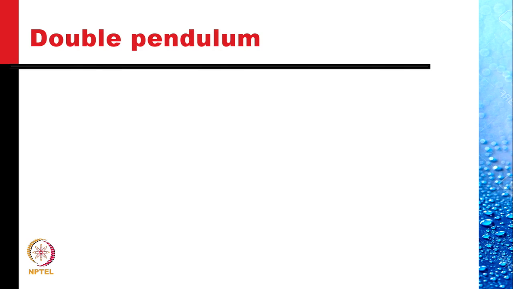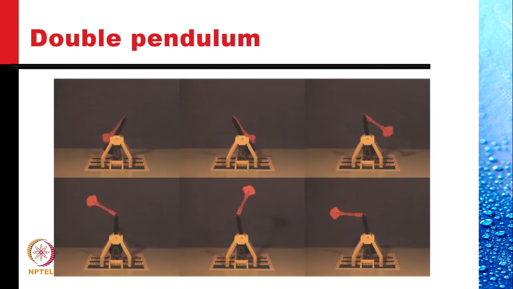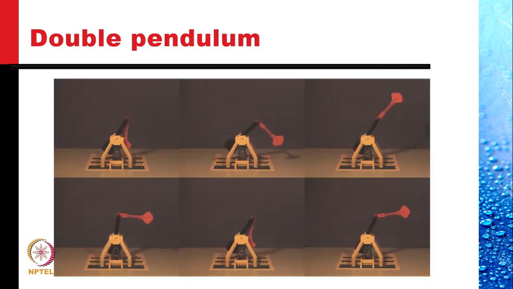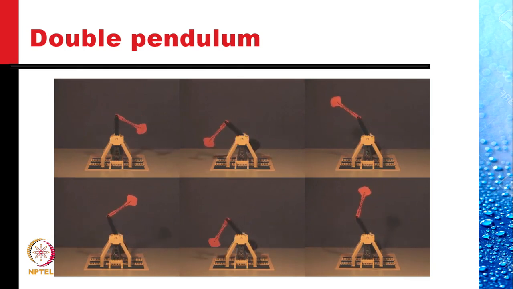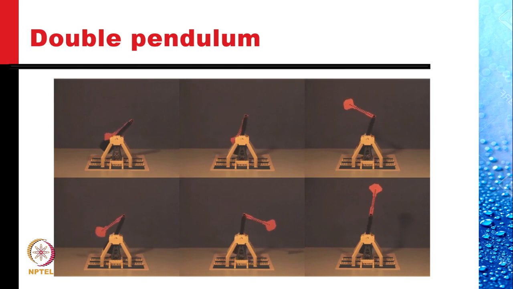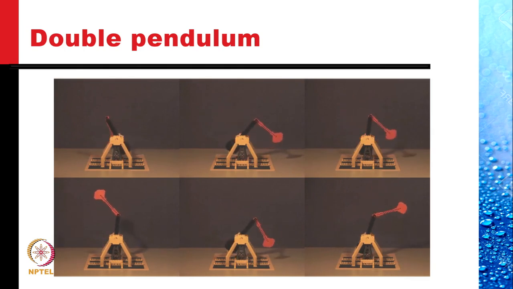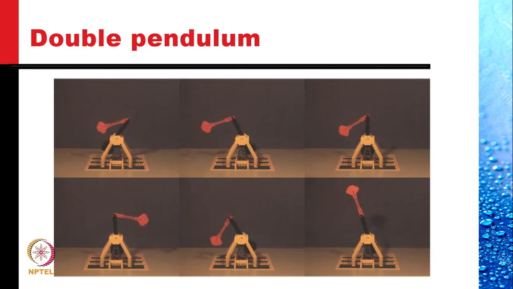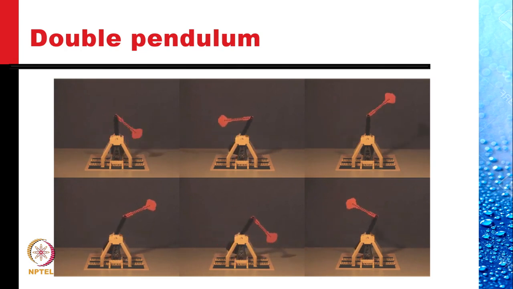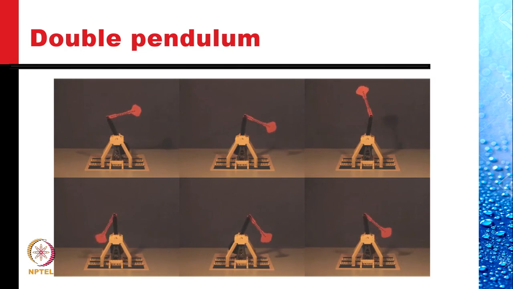Let's look at a double pendulum, two pendulums in series. In this video, we see that initially we have the same configuration in all the 6 setups. The setups are identical, and when they are released, they have the same initial conditions.